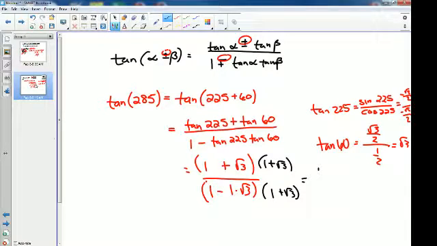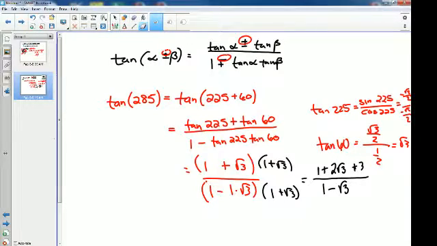This would be 1 plus √3 plus √3 is 2 √3s plus 3. Minus √3. Or sorry, 3.